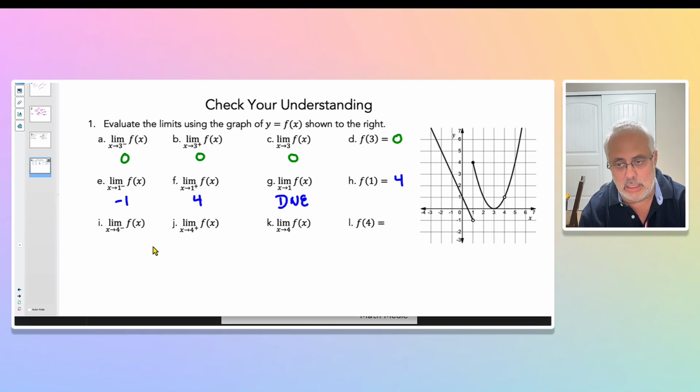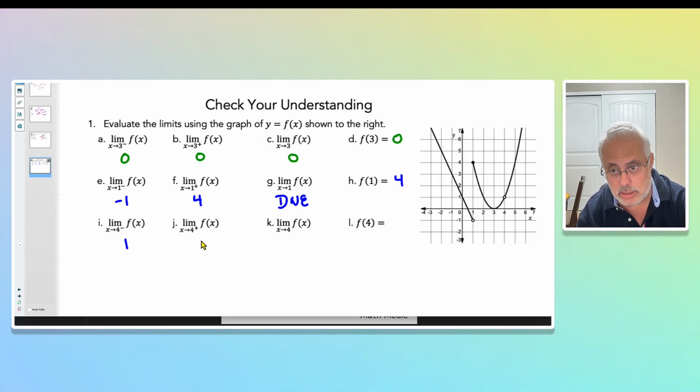Final. Critical x value, 4. What is the limit of the function when x approaches 4 from the left? 1. So, when x approaches 4 from the left, the limit of the function is 1.